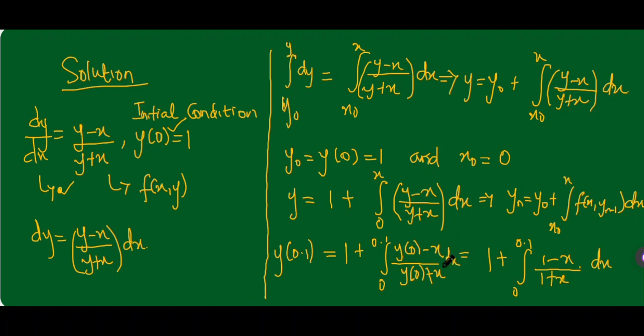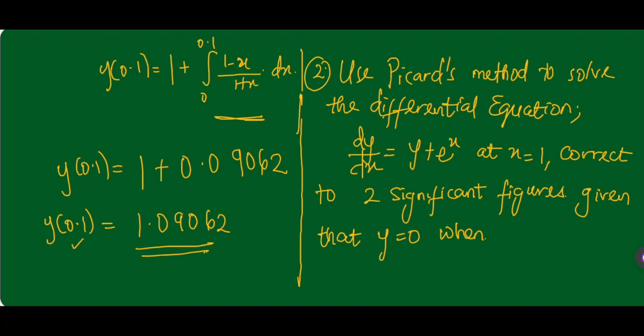Sorry, I missed out the differential here. So we have y at 0.1 is equal to 1 plus the integral of 0 to 0.1 of the function 1 minus x divided by 1 plus x with respect to x.